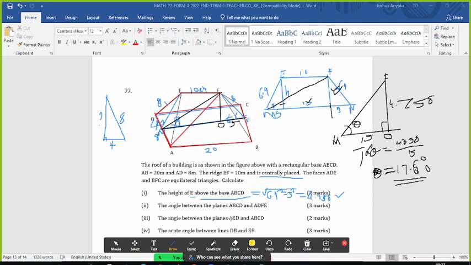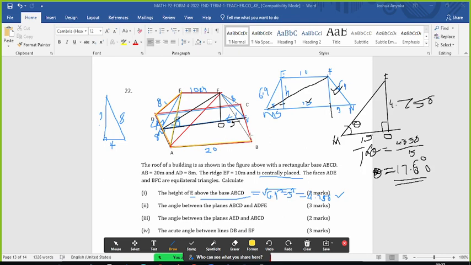Identify plane AED: A, E, D. That is the plane that I have drawn in that color. Then identify plane ABCD: A, B, C, D.